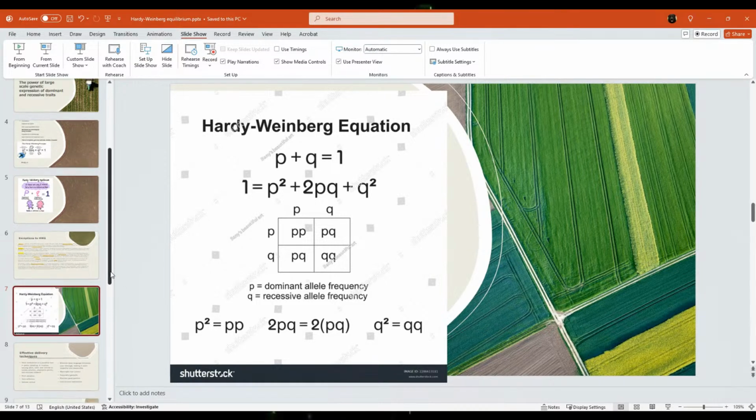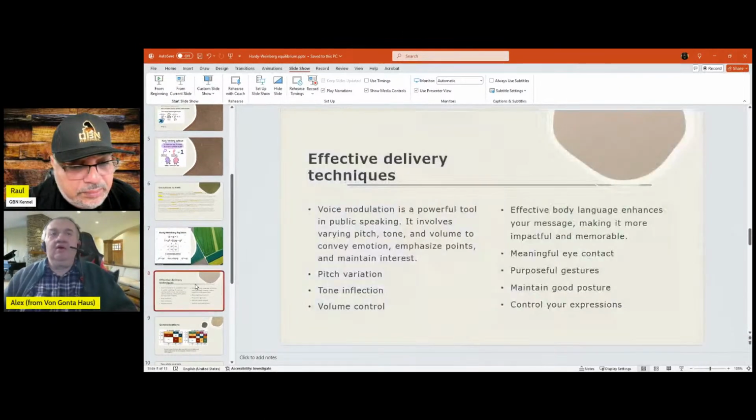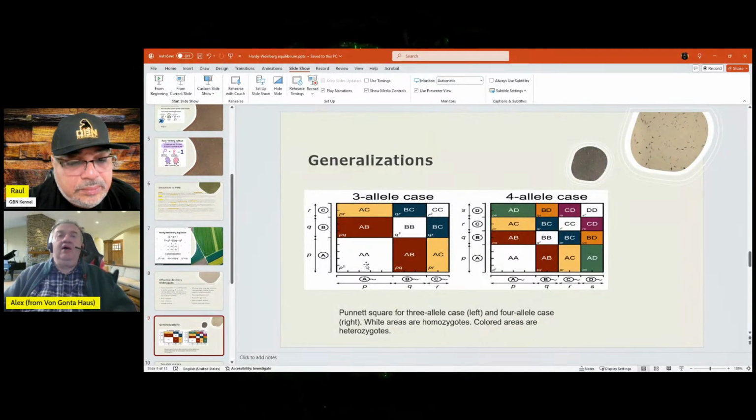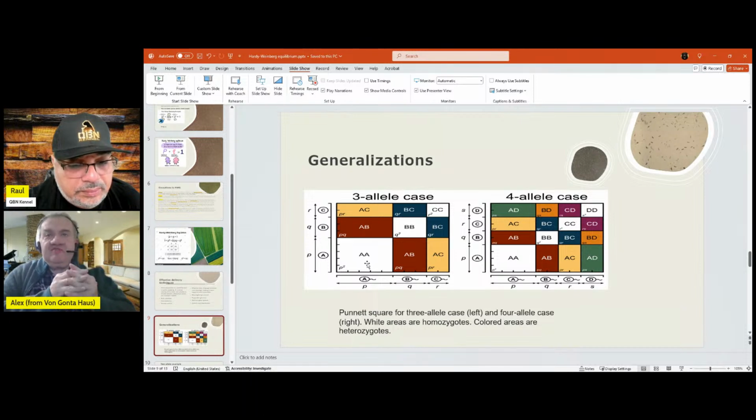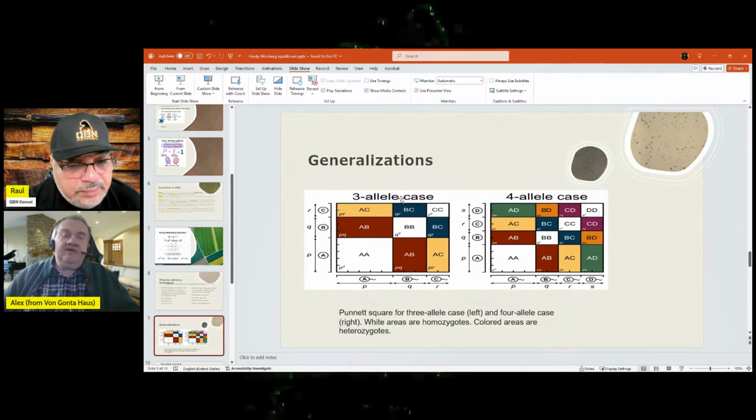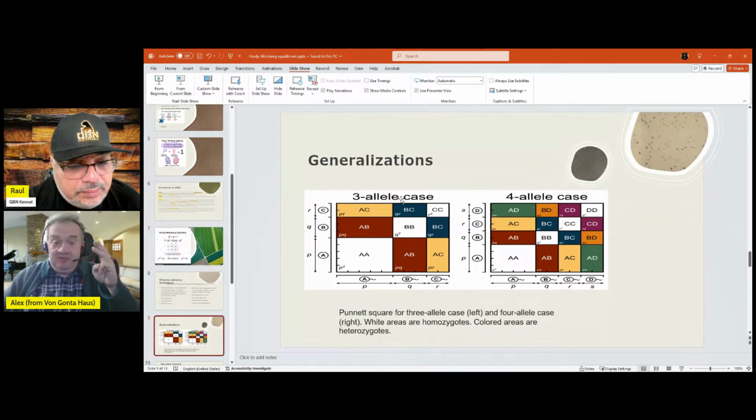Why is it useful? Well, oh, wrong slide. So this is how allele frequency flows in terms of the volume of carriers of a specific allele pair. So assuming there's a 3 allele case, three alleles which are monogenetic traits, not polygenetic traits.